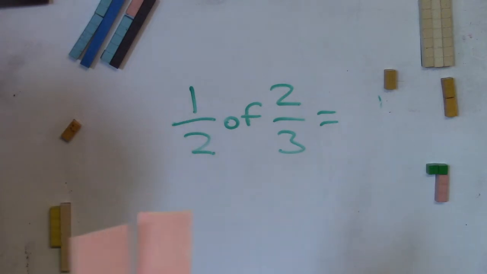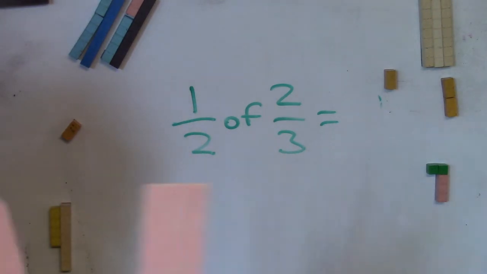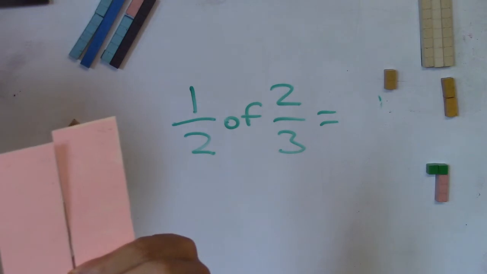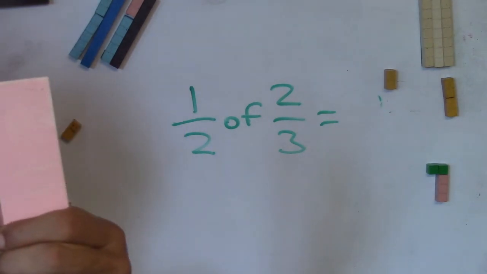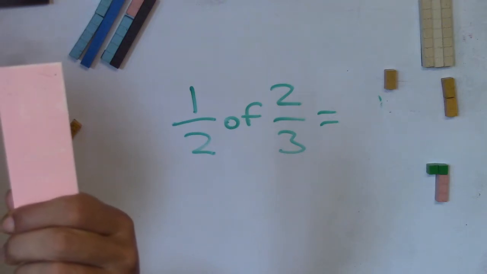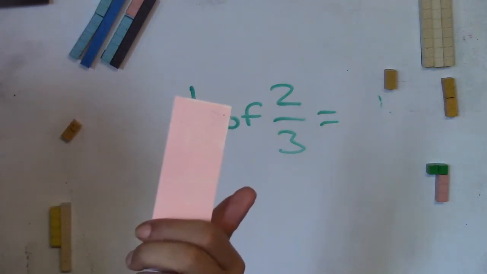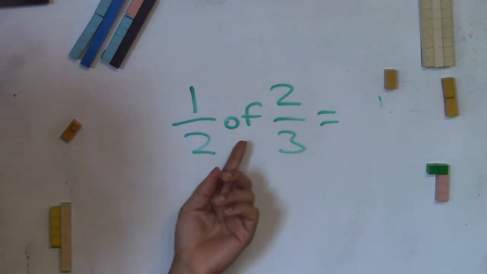If I have 2 of these, can I easily split this up? Can you get 1 and I get 1? Yes. So if I take a half, what's left? 1/3. That's it. Why are you making this hard? What's a half of 2? Half of 2 is 1. There you go. So 1/3.